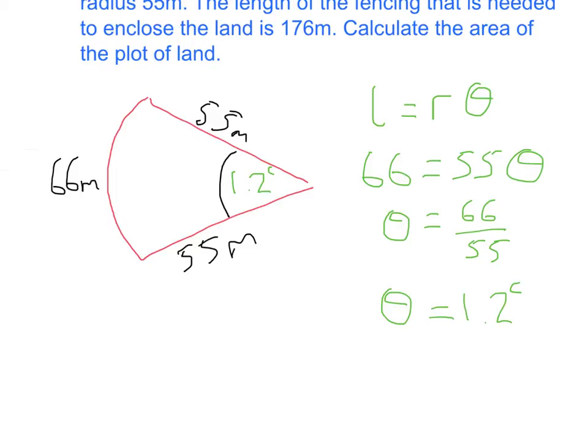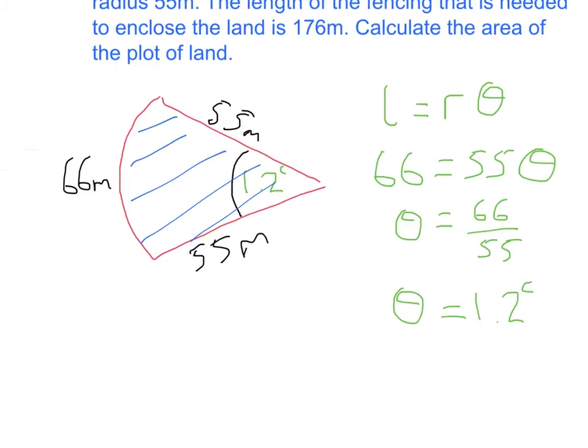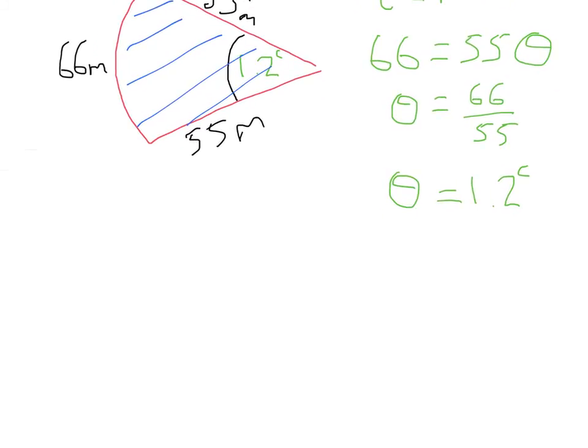Now I need to use my second formula to work out the area. The area of this pizza slice, my formula that I've just learnt in my maths video, is area equals a half r squared theta. Nice and easy.